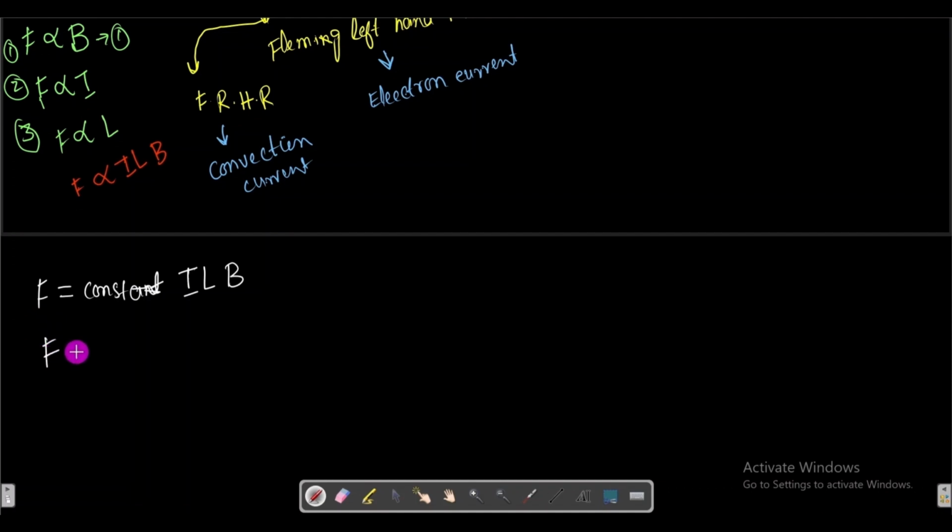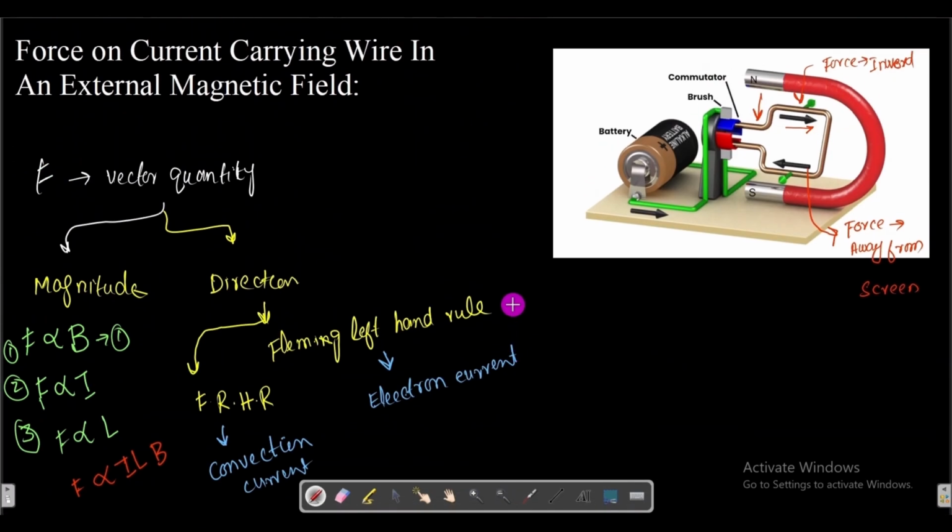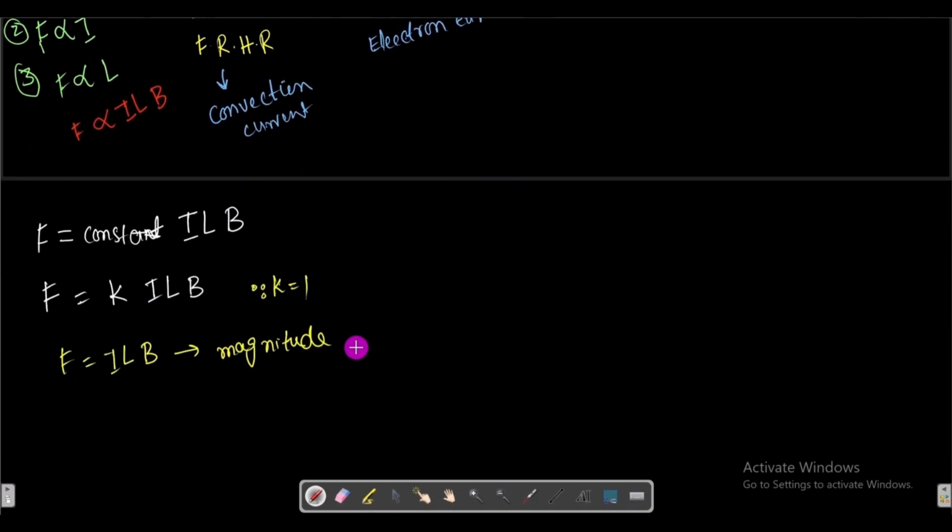So F is equal to constant K I L B, and if the value of K becomes 1, then F will be equal to I L B. So this is the magnitude of the force which is exerted on the conductor present in the external magnetic field.